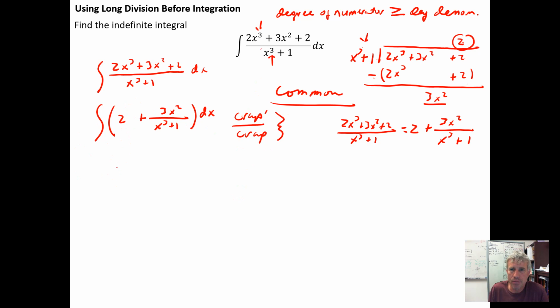An antiderivative of 2 with respect to x is 2x, plus this is the quotient form, so it's going to be the natural log of the absolute value of the denominator, x cubed plus 1, plus a constant of integration. And because the cubing function can be negative, I don't want to drop the absolute value sign off, so we leave it like it is.